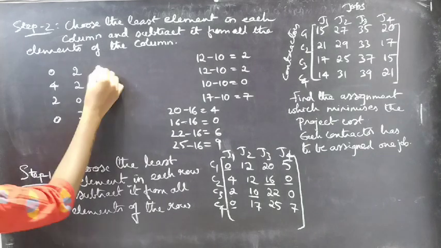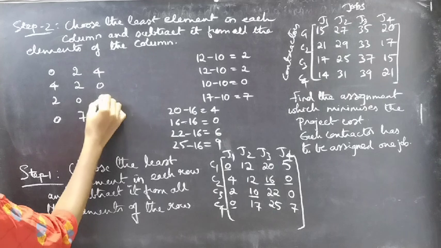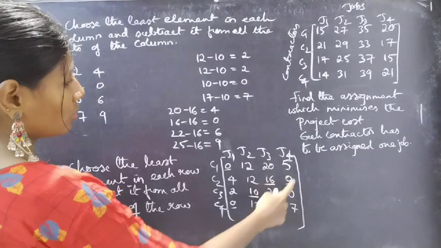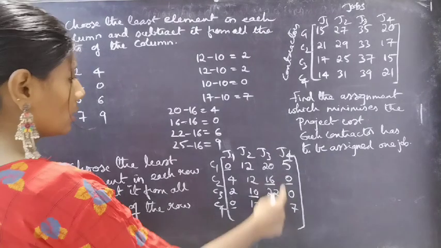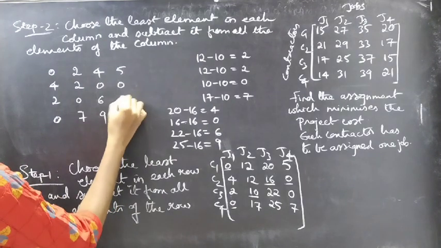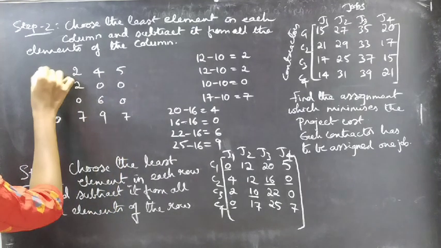So you'll get 4, 0, 6, 9 in the third column. And in the last column you have 0 as your least element, so you'll get the same entries in the last column.